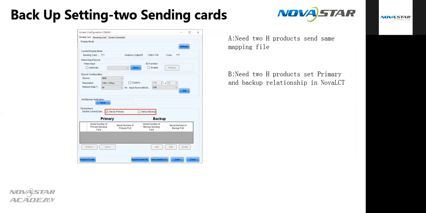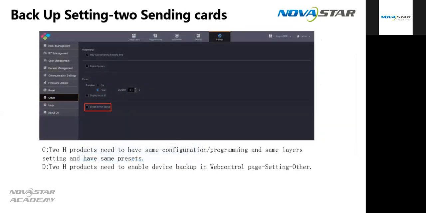So they have to have the same mapping. And then for the web control interface, all the configuration, programming, and layer settings have to be the same. And remember to enable the device backup in web control.